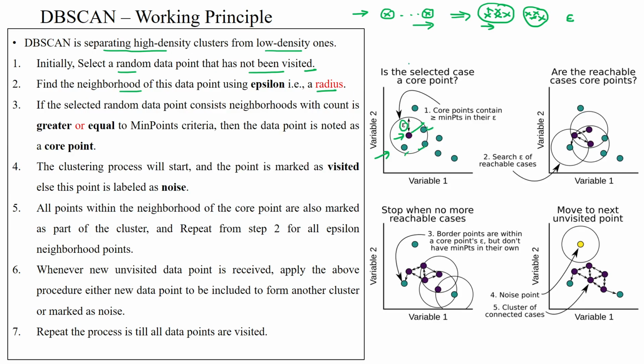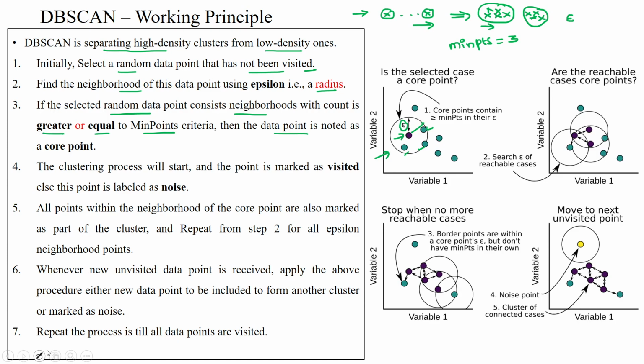Here we have to initialize the minimum number of points for clustering purposes. You can give 3. If the selected random data point has a neighborhood with count greater than or equal to the minimum number of data points criteria, then the data point is noted as a core point.